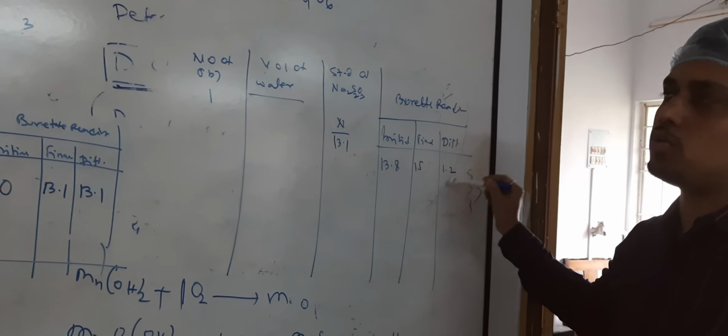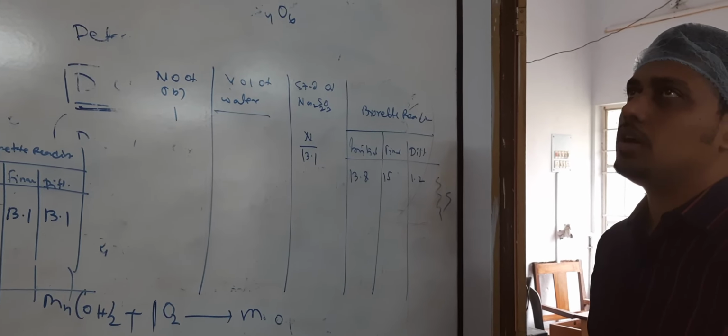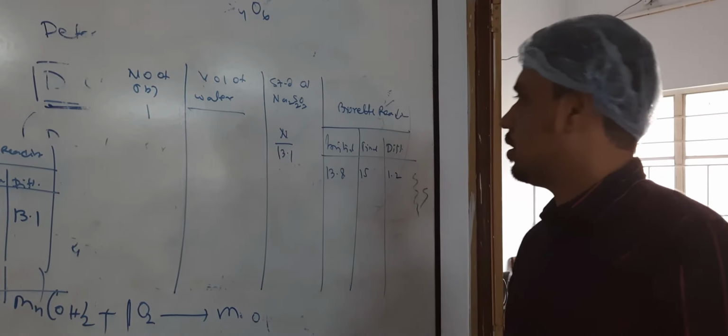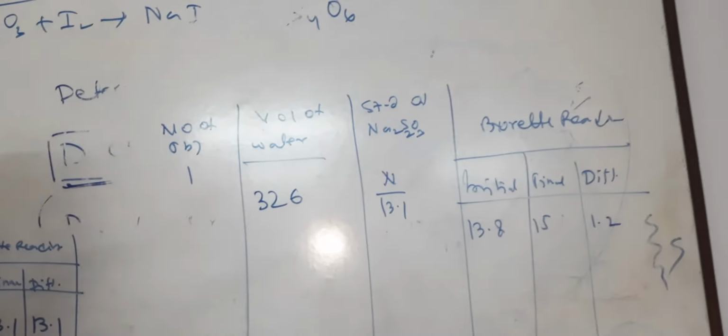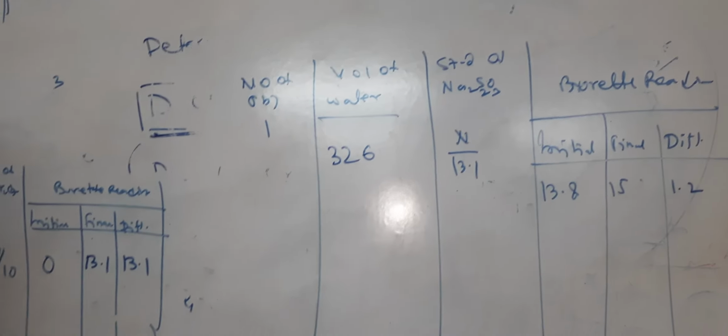We have added 1.2 sodium thiosulfate. That means almost 326. So what is the total volume of water taken? 326. Now we will do the calculation.